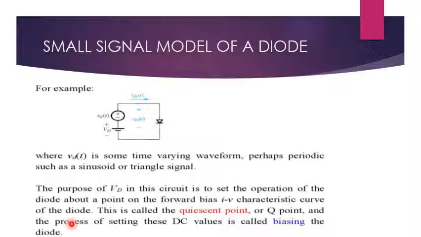If the diode should be in the on state, you have to connect the diode in forward bias, that is, P is connected to positive, N is connected to negative. Clear? If you want the diode to operate in the off state, you have to connect it in reverse bias, which means N is connected to positive and P is connected to negative. Clear?